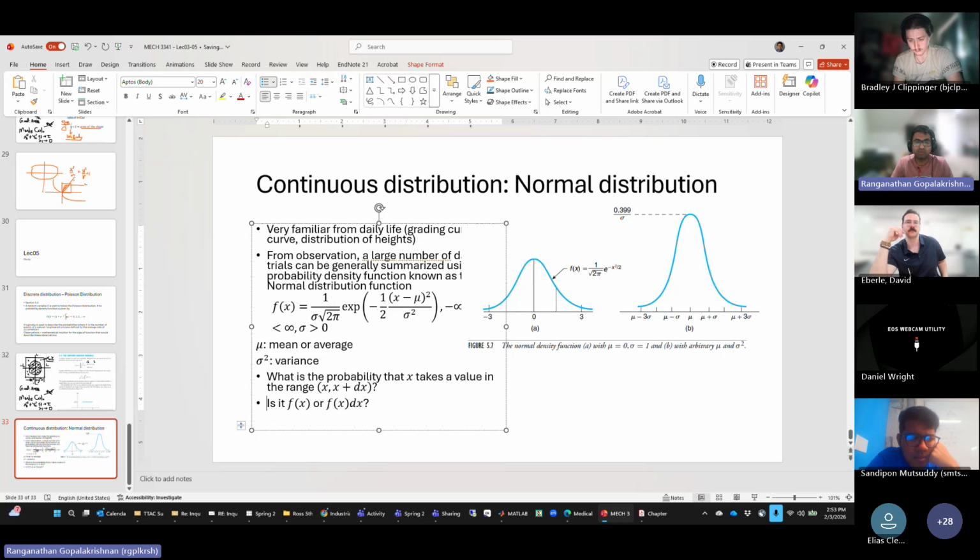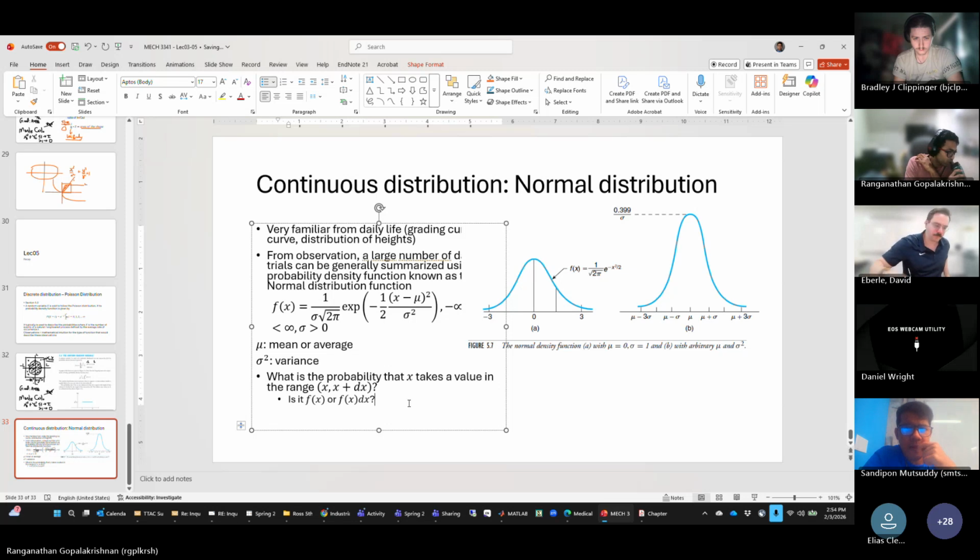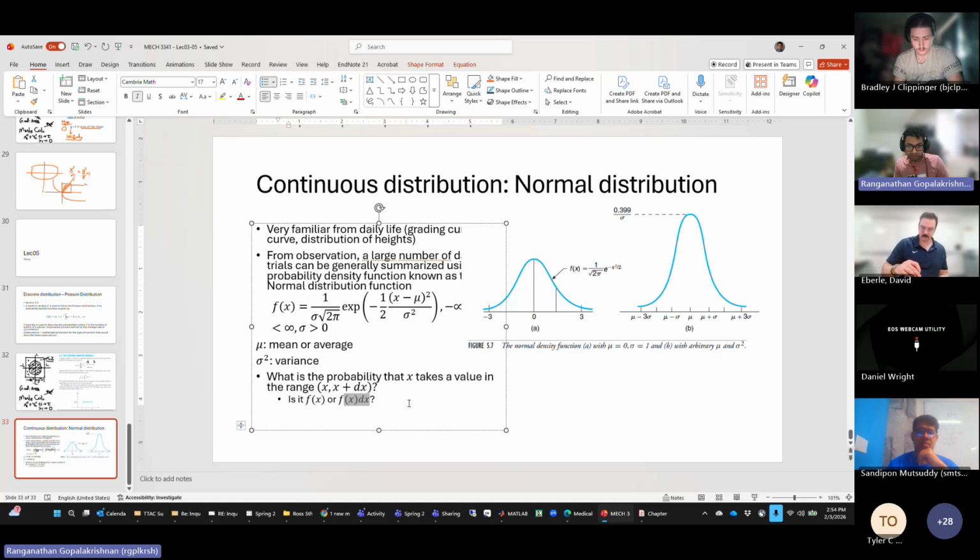A or B? What's your choice? F of x dx, right? So remember this, f of x dx is the probability.